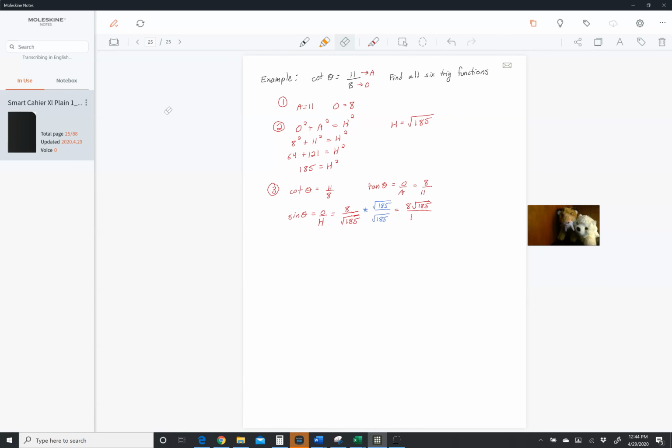And on the bottom, we get 185. Okay, and 8 doesn't go into 185. They don't have a common factor. Okay, cosecant is going to be the reciprocal. That's h over O. And that's just going to be square root of 185 over 8.